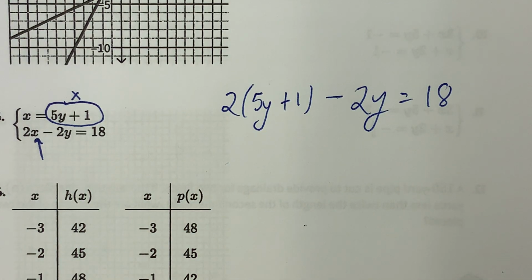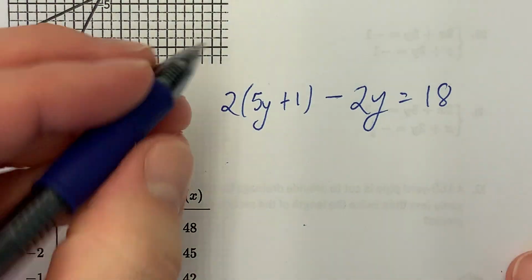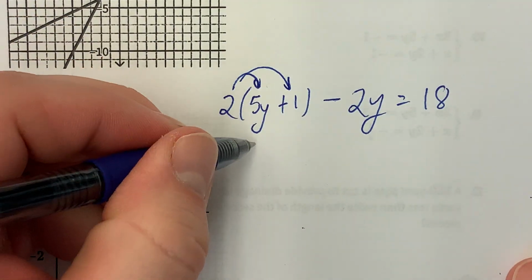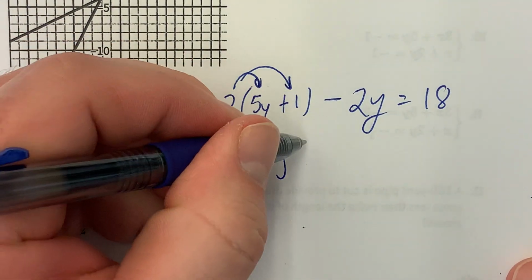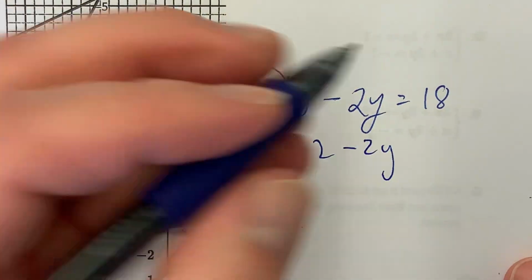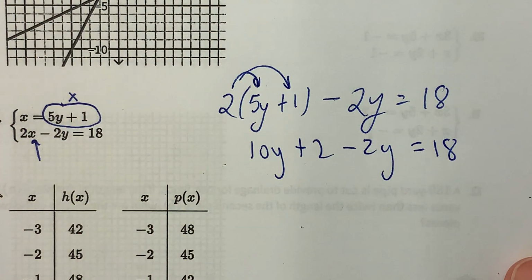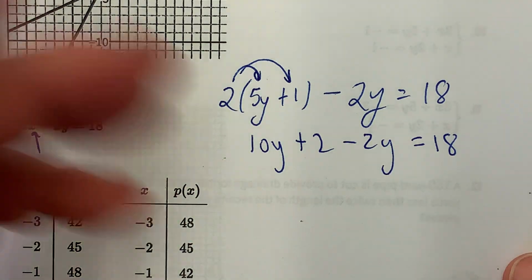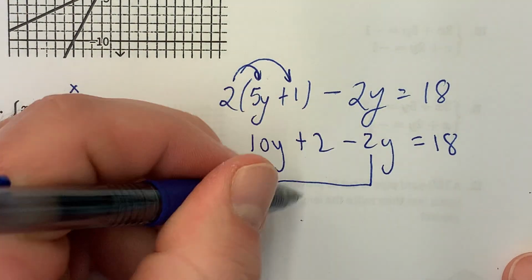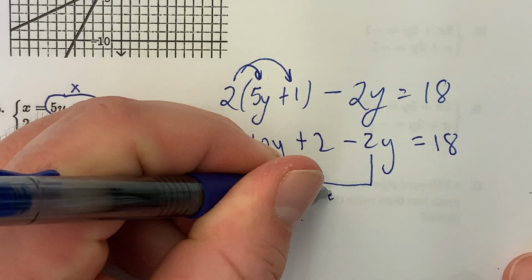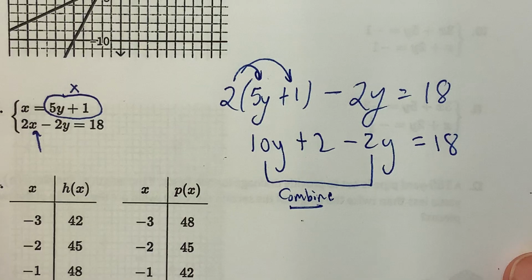Again, if you want to try now solving, pause it. All right, we're going to distribute first. 2 times 5y is 10y. 2 times 1 is 2. Bring down the 2y and the 18. Before you move anything, the magic word here, we got to combine. And I'm just going to write that because most kids, that's where they go wrong. They don't combine first.